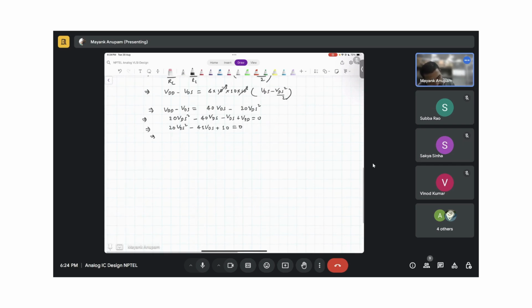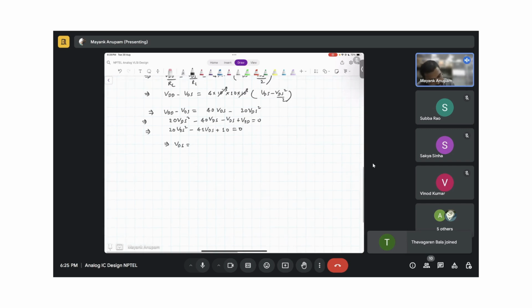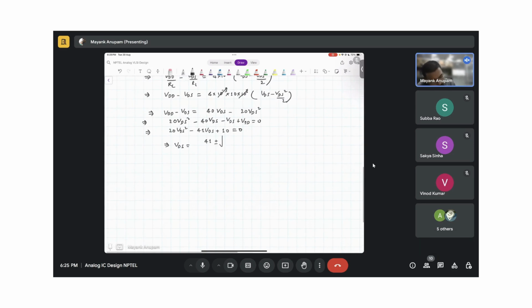So how much will this be? What is the value of VDS? Tell me. What are the roots of this quadratic equation? It will be plus 41, right? Plus minus under root 41 square minus 4AC, 20 into 10 into 4, right?